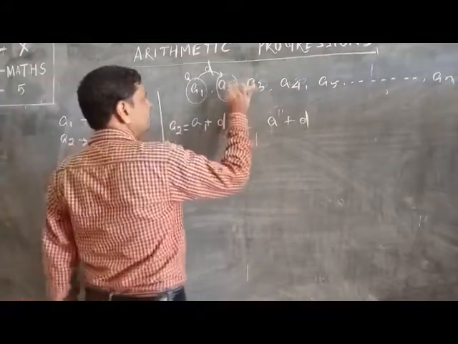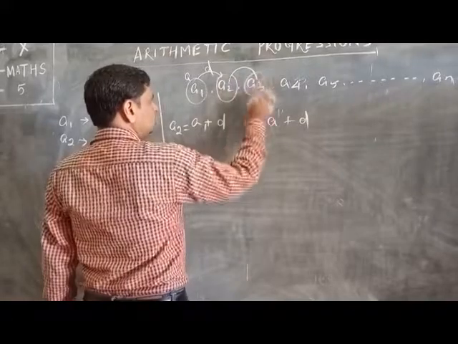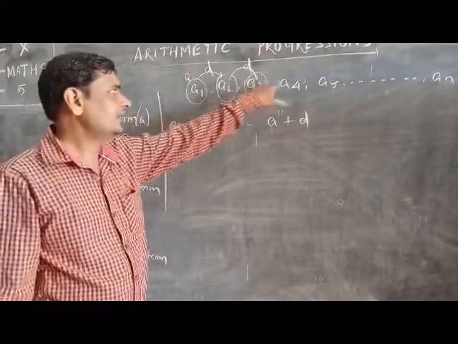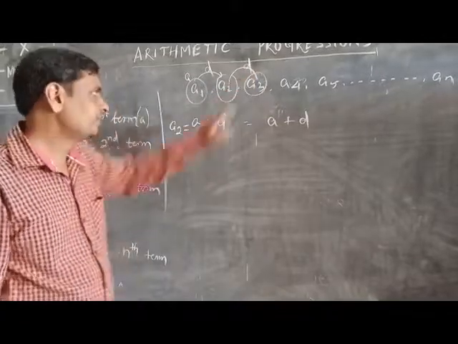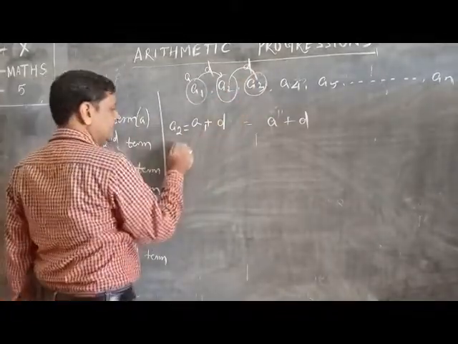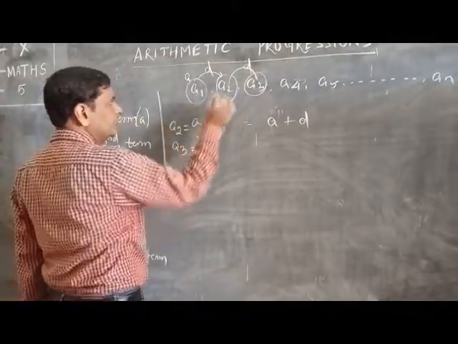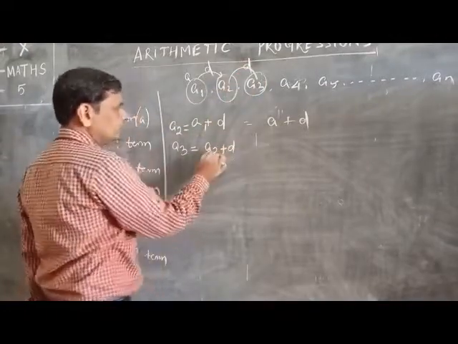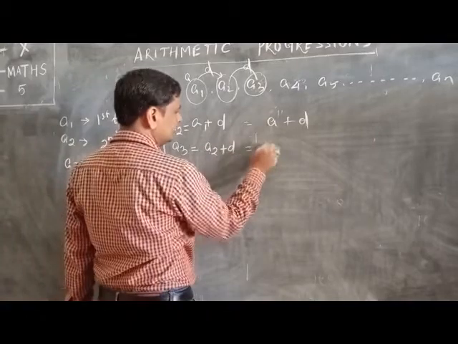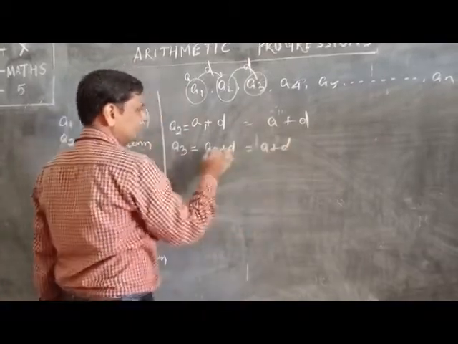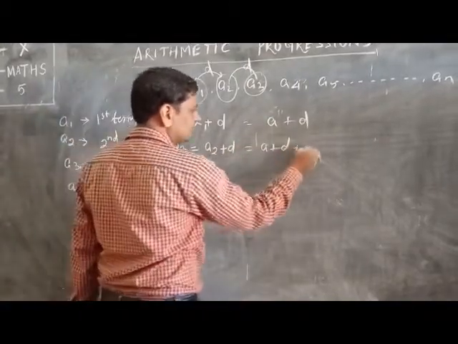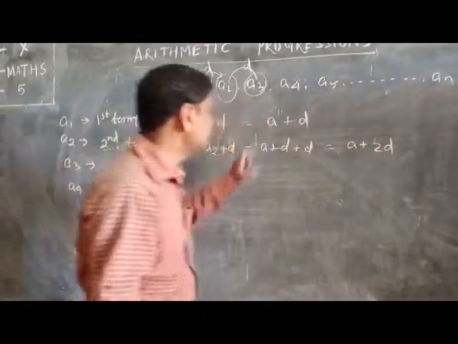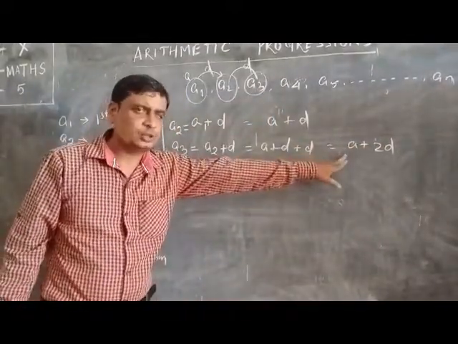Similarly, consecutive terms have the same difference D. So A3 will be A2 plus D, and A2 is A plus D, so A3 is A plus D plus D. It becomes A plus 2D. Here A3 is A plus 2D.